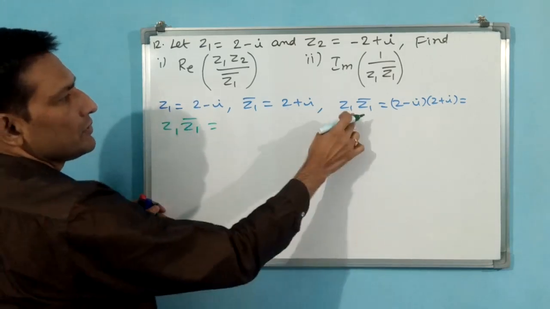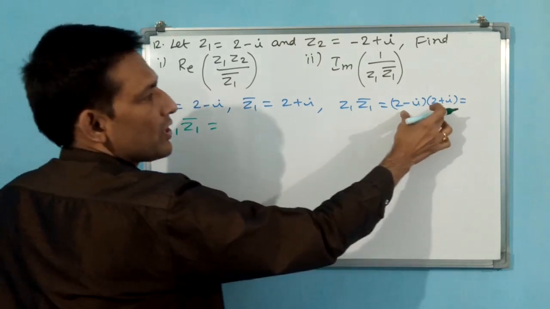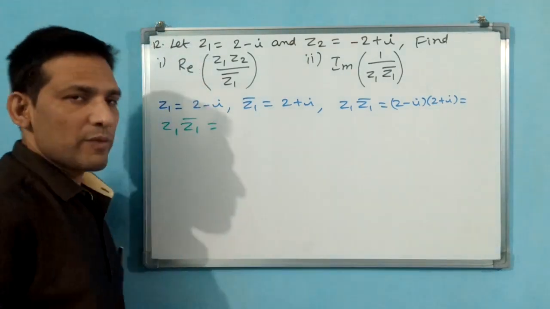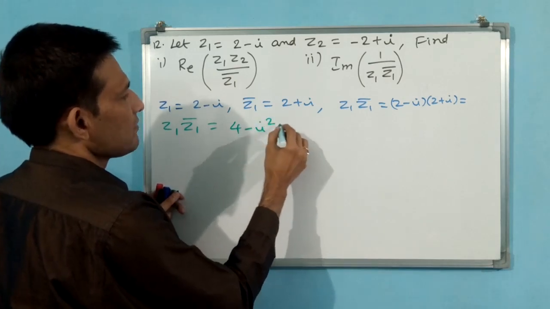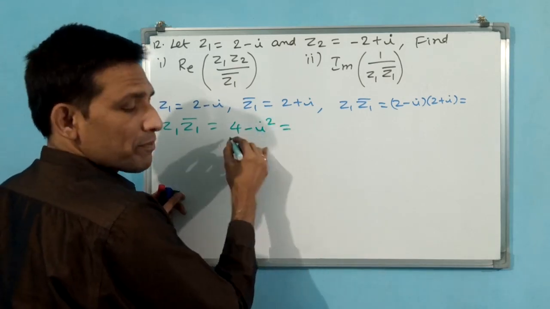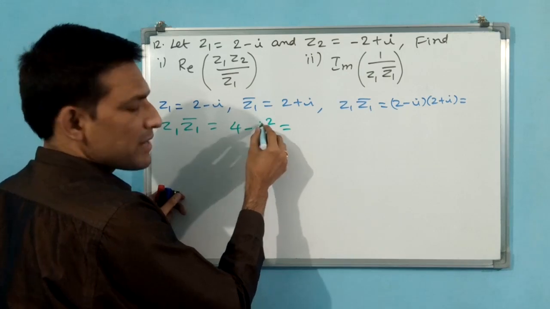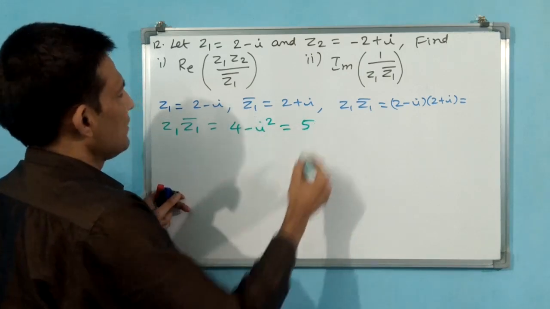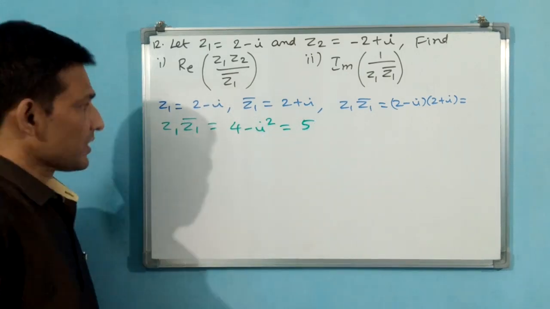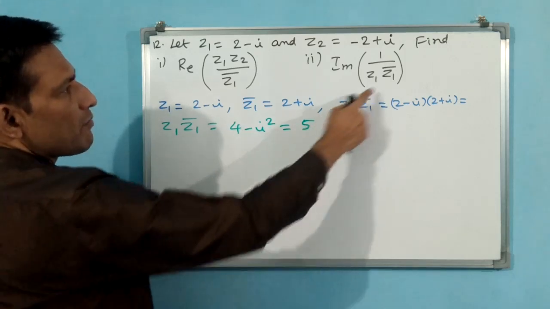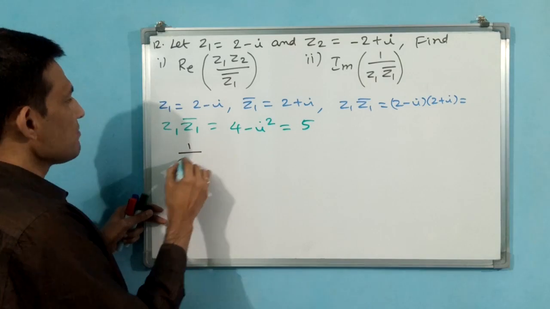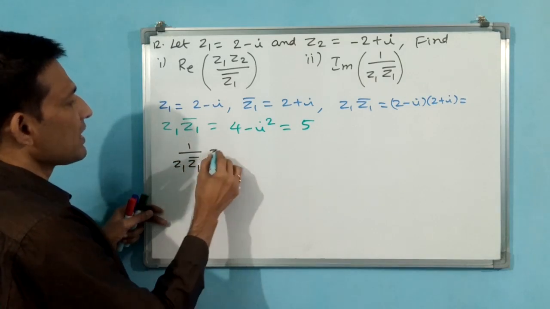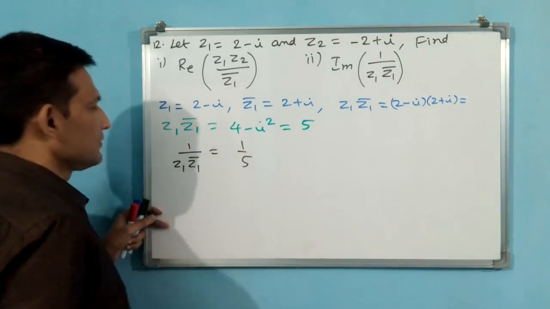See, a plus b into a minus b, a square minus b square. a square 4 minus b square i square, that is equal to 4 minus, minus 1, minus of minus 1 plus 1, 5. Okay. Now this is the value of Z1 Z1 bar, but what we want is 1 by Z1 bar. 1 by Z1 bar is equal to 1 by 5.